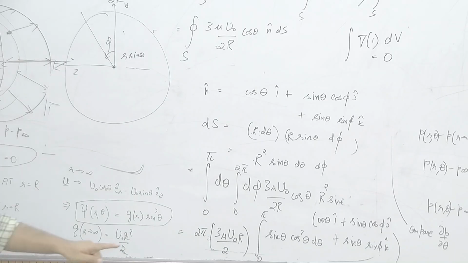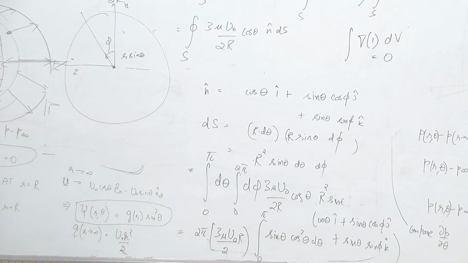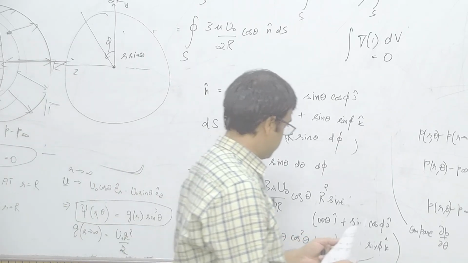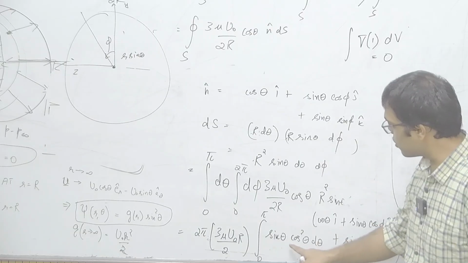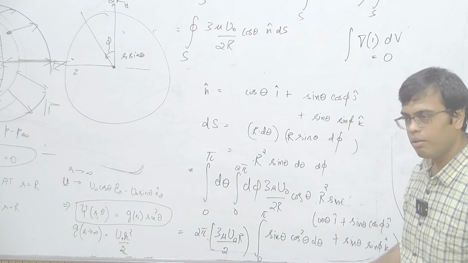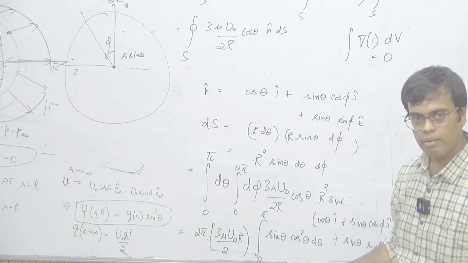Okay. So what is this integral? Sin theta cos square theta d theta. What is this integral equal to? With the limits, tell me. So there will be a minus cos cube by 3, from 0 to pi.